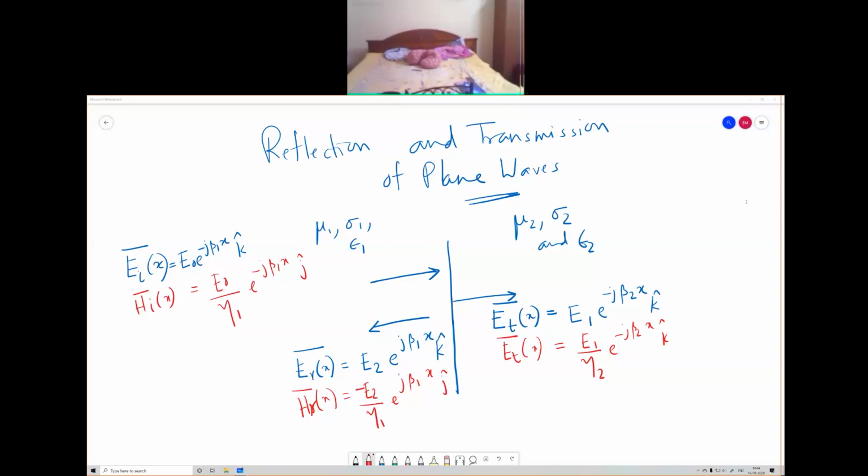Sir, what is written in the second line of the right hand side? Okay, there is one correction.